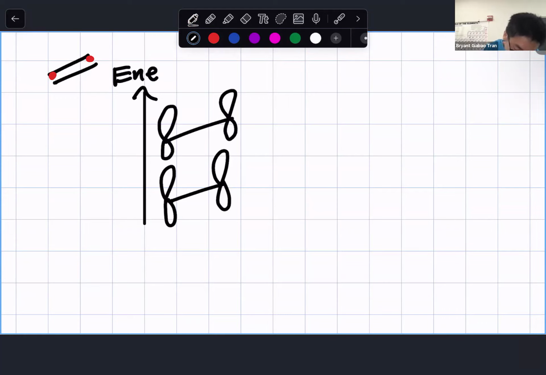Energy is highest up here. The lowest energy one is going to be when the 2 orbitals are in phase with each other. The highest energy one is when they are out of phase, because we introduce a node right there.